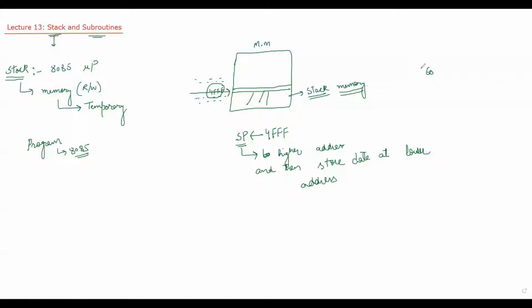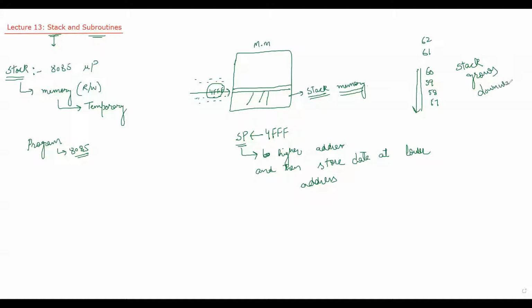Then I will store the data at the lower addresses, for example at location 59, location 58, location 57. I won't start at 61, 62. So my stack memory is from the lower side. That is why it is a general practice that stack grows downwards.